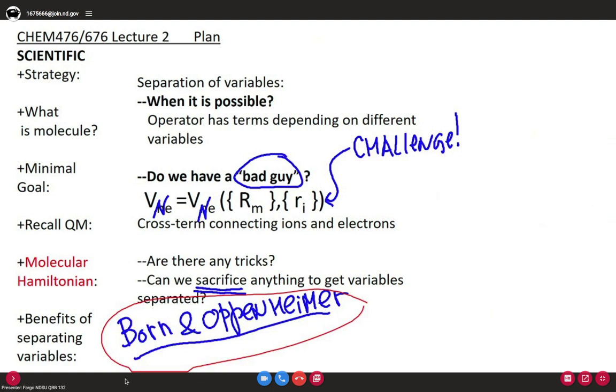So if you are planning, or if you're already running existing software packages for computational chemistry or electronic structure, you are obeying the so-called Born-Oppenheimer approximation, which means you are considering electronic and nuclear degrees of freedom as almost independent.